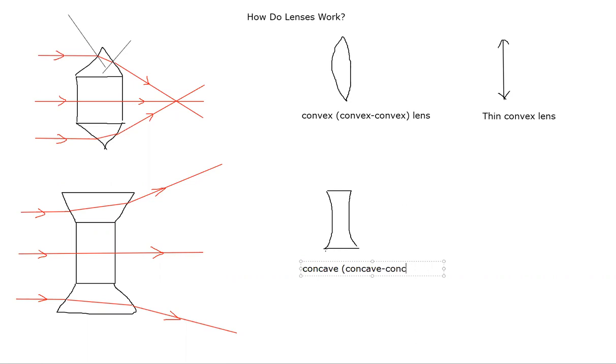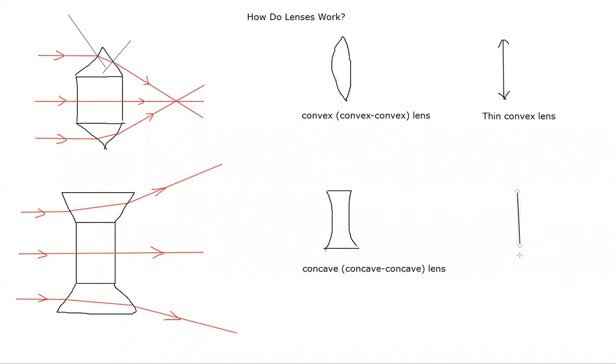If the two curvatures are different, then you have to say concave lens, and each face or each side will have a different radius of curvature. If you want to label it on a diagram, then you draw, again, a straight line.